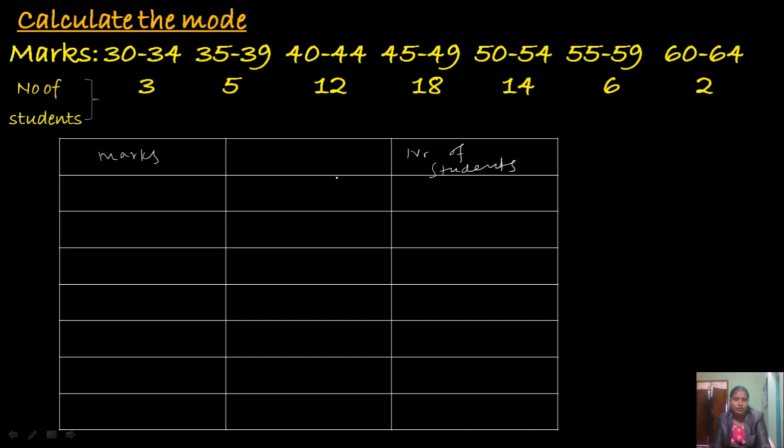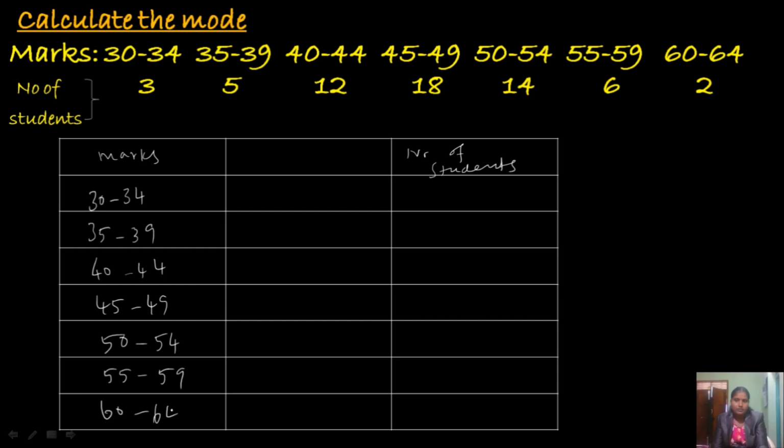I am leaving one column in between because I will fill in the continuous class intervals there. 30 to 34, 35 to 39, 40 to 44, 45 to 49, 50 to 54, 55 to 59, and 60 to 64.